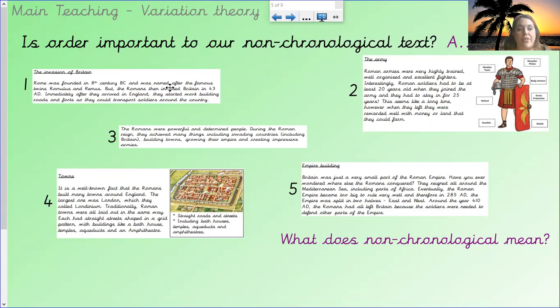Perhaps you might like to add things like Romulus and Remus or, let me see, 25 years or, what else could we do? We could add in the word eventually on paragraph 5. So think about which words you might like to add to your story map today, which words are going to be useful, either technical vocabulary or things like sentence starters.